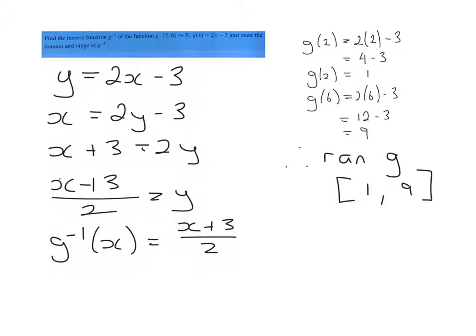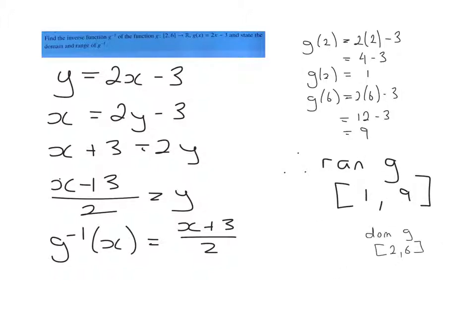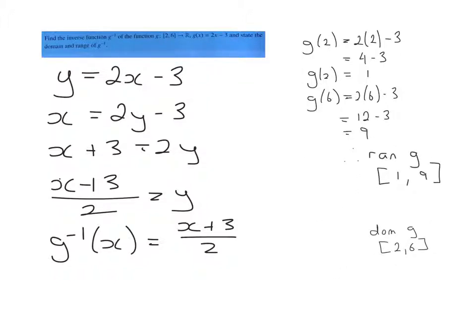Now we've been given the domain of g, and we've just calculated the range of g, which means that we can just rename those two, and they will give us, or they are the same as, the range and domain of the inverse. We remember that they just swap spots, so I would write it like this.